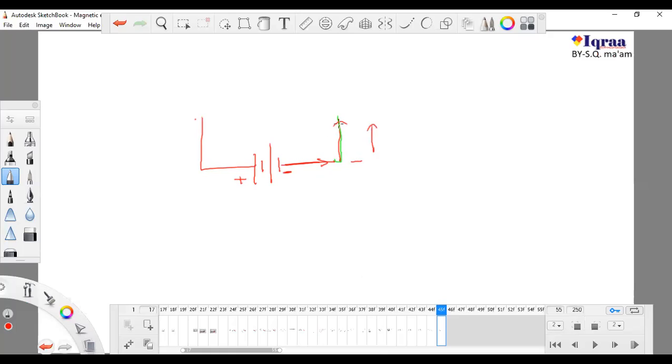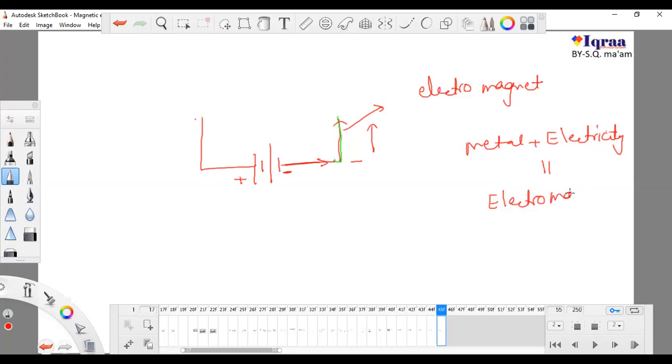If this copper wire is connected with electricity, it will work as an electromagnet. We studied this. Electromagnet means when any metal conducts electricity, it converts to a magnet. Any metal plus electricity equals electromagnet.